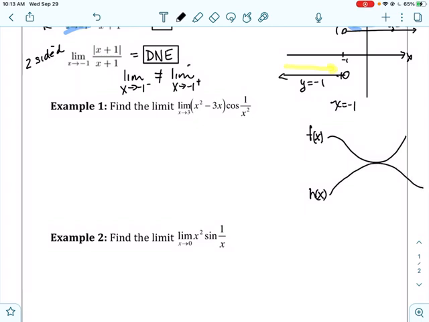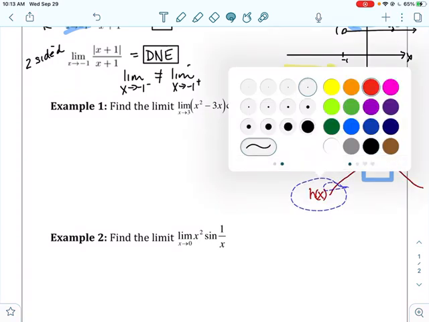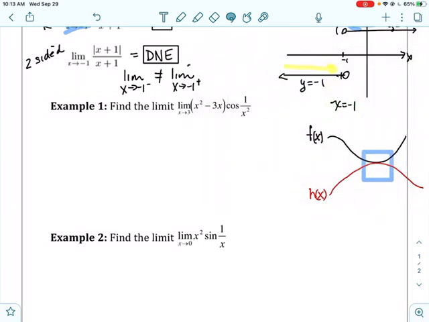You can see there's a little neighborhood where they join. Let's make h of x red. Picture a function g of x between these two functions, at least in a neighborhood.